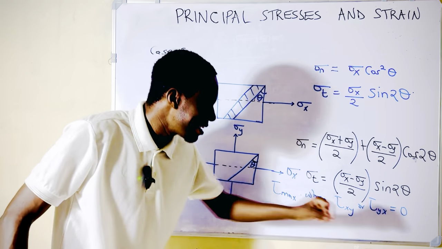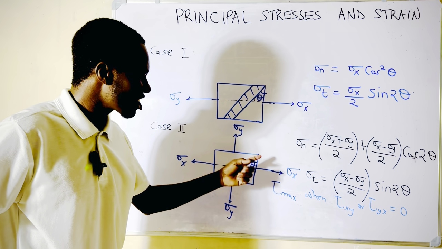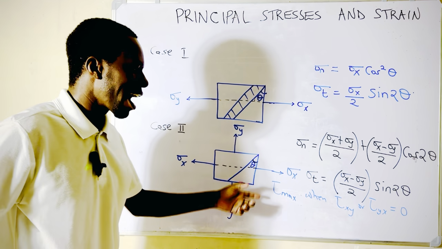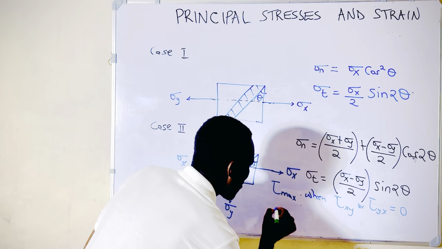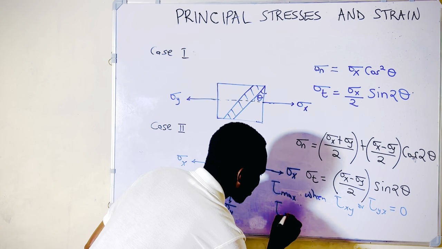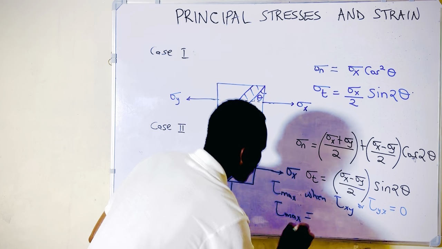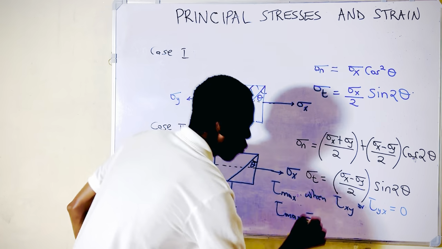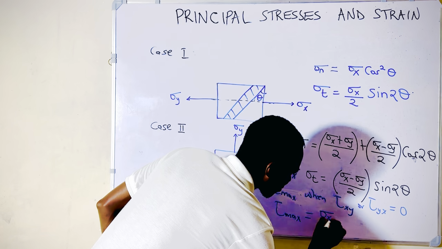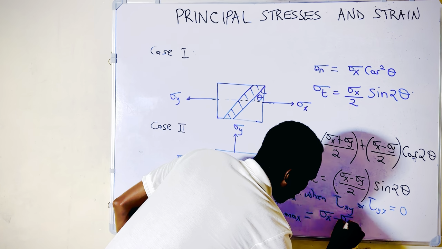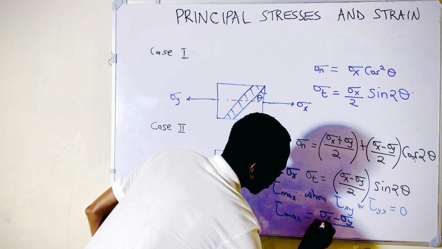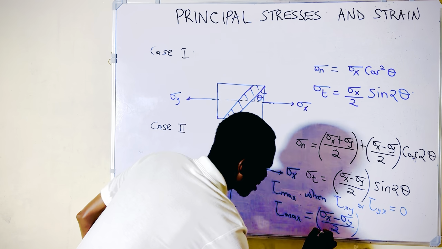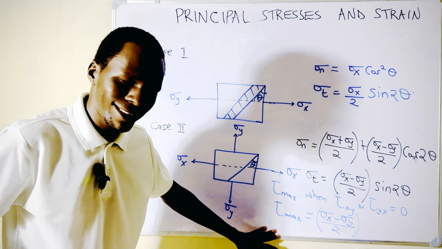We don't have any shear stress acting here, meaning that our maximum will only be due to the direct stresses, which is sigma x minus sigma y by 2. So this is how you would find the tau max.